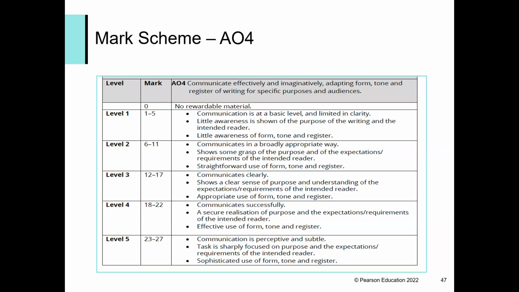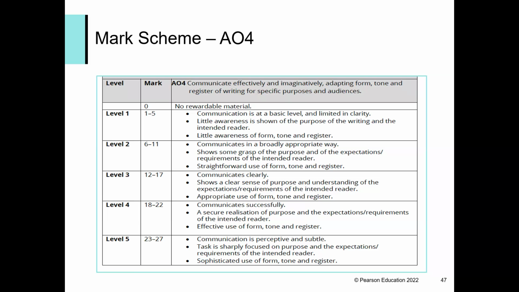And then the purpose is in the second bullet point: little awareness, a grasp, a clear sense, a secure realization, and sharply focused up there in level 5. And then the third bullet point is about form, tone, and register: little awareness in level 1, straightforward in level 2, appropriate in level 3, effective in level 4, and sophisticated in level 5.